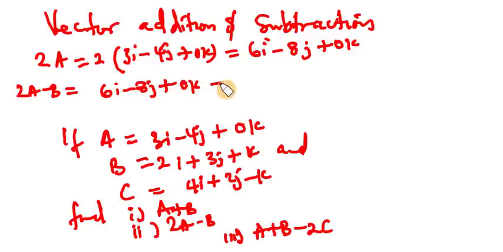Then we have minus, the vector is vector b, 2i plus 3j plus k. So what do we have here?